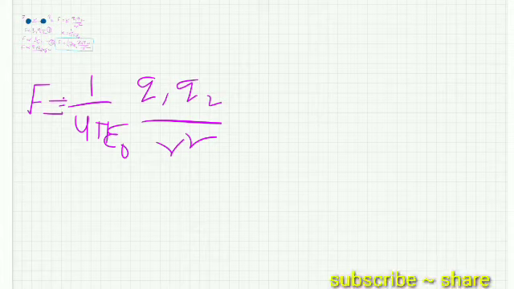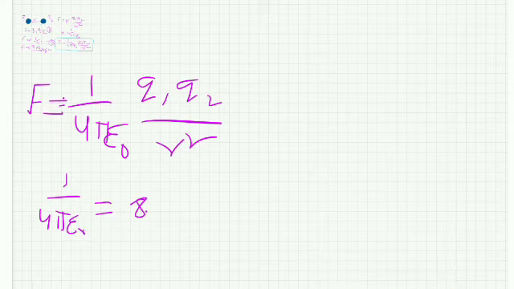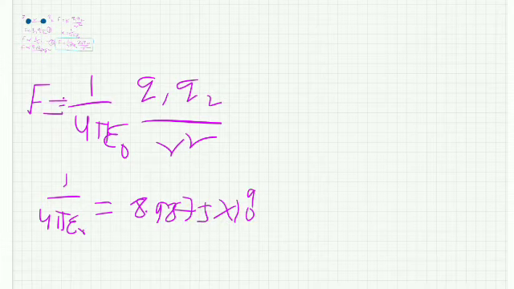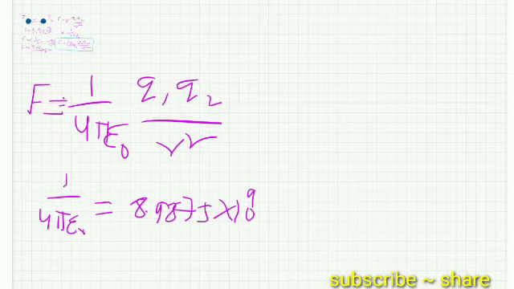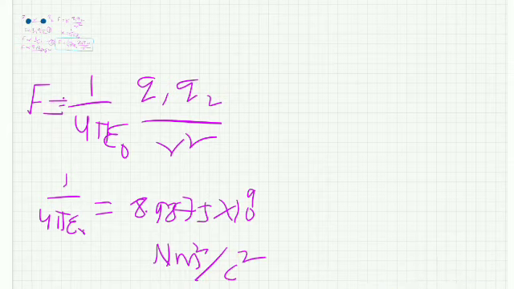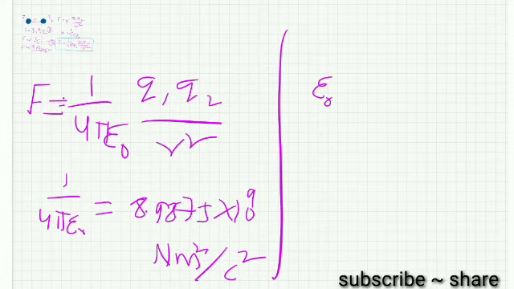Here 1 by 4 pi epsilon naught is equal to 8.9875 into 10 to the power of 9 newton meter square by coulomb square. This is the value of 1 by 4 pi epsilon naught. Here epsilon naught is the permittivity of free space.